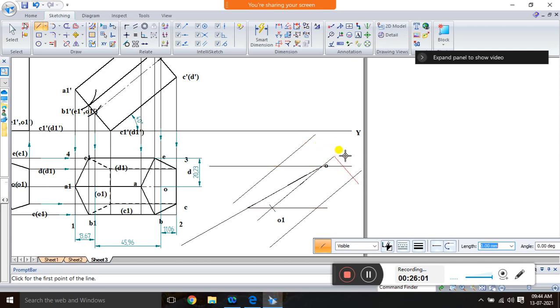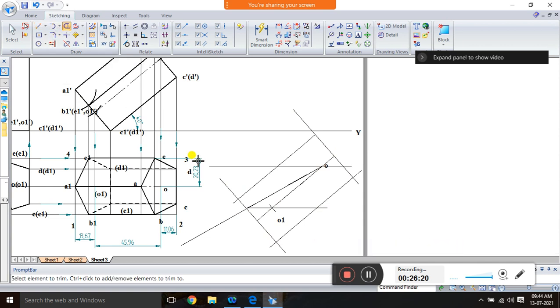See, like this you have to construct the vertical line. From here draw a vertical line, and from here draw a vertical line, and erase all extra lines.